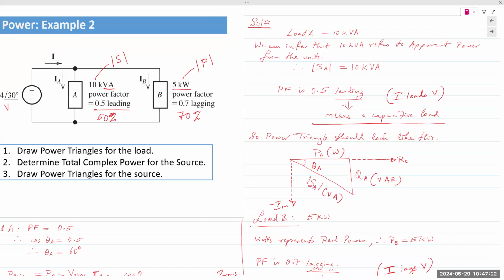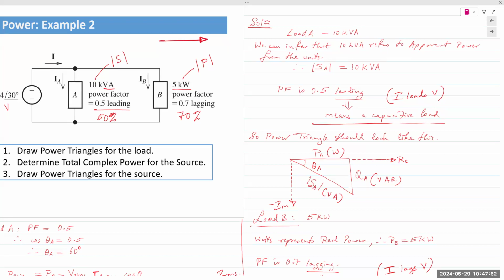If the power factor is 1, that means it's lying flat on the x-axis, meaning everything is just real power. But if it states it's 0.5 leading, it has an angle. If it has an angle, it means it has some real component and some reactive component.